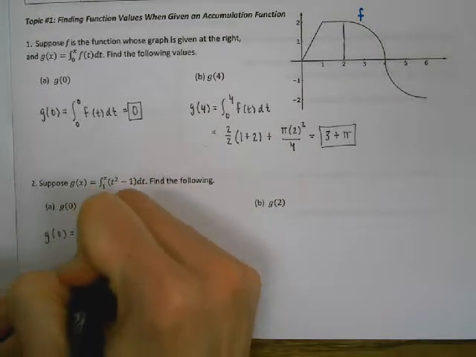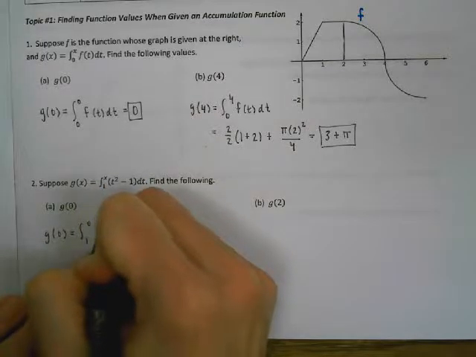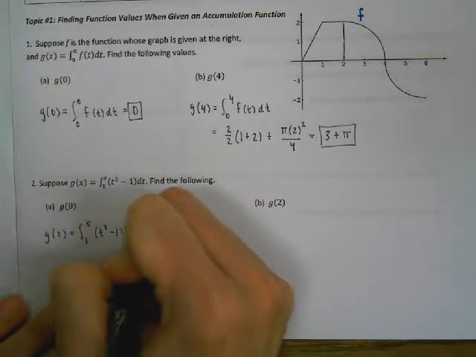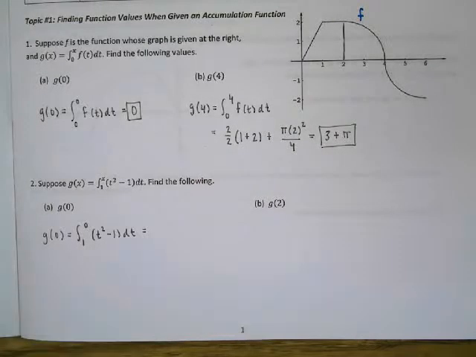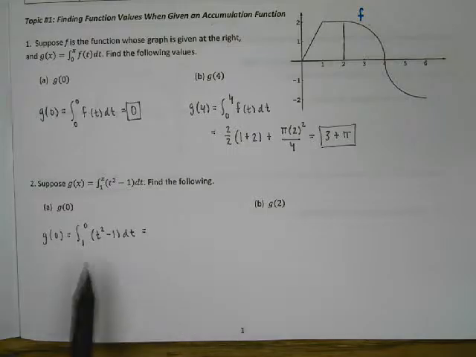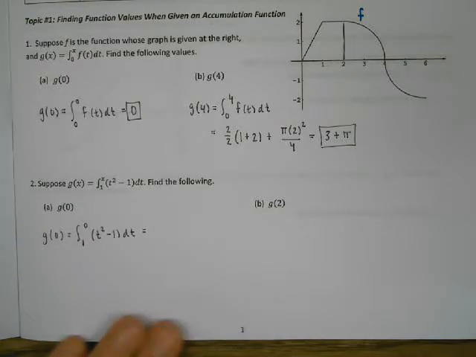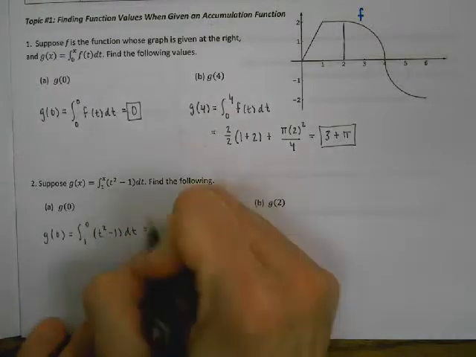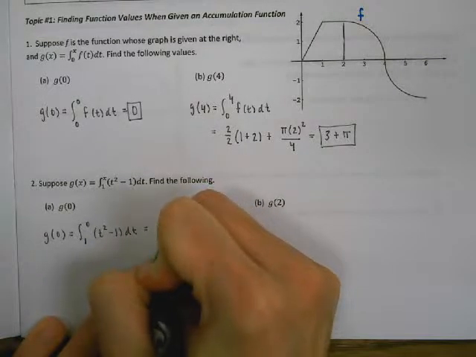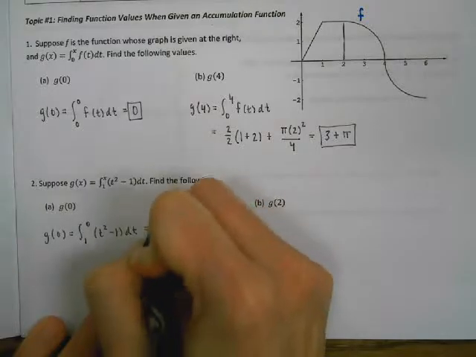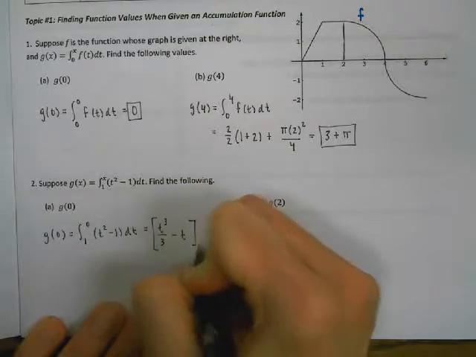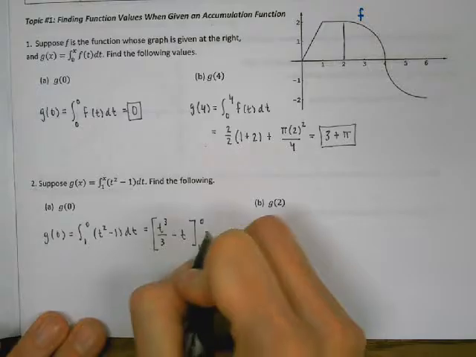So, for g of 0, I'm going to have the integral from 1 to 0 of t squared minus 1 dt. So now I just have a definite integral. Now we're not using geometry formulas anymore. We're going to use our antiderivatives to calculate this definite integral. Since I have my limits of integration here, my answer should be a number. My antiderivative is going to be t cubed over 3 minus t, and I'm integrating from 1 to 0.